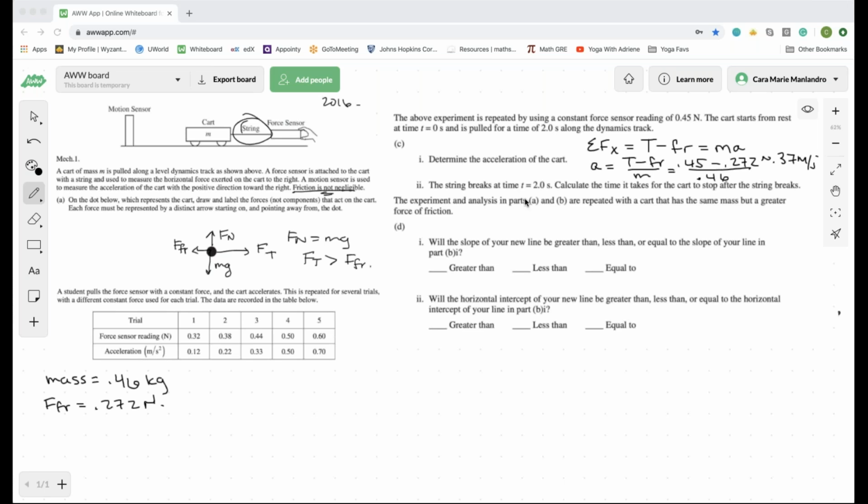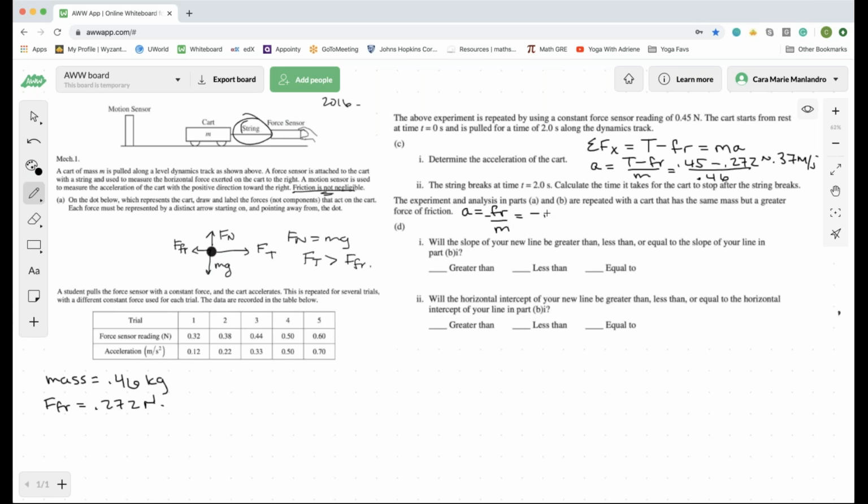Okay, so the string breaks at time t equals 2. Calculate the time it takes for the cart to stop after the string breaks. Now, everybody agree that once the tension is gone, the only force involved is the force of friction? Does everybody agree with that? So your acceleration is just the force of friction over m, and because the force of friction is always opposing motion, it's going to be negative.